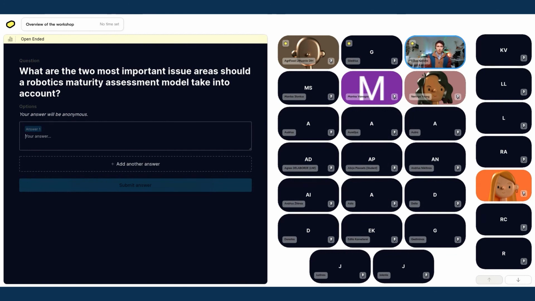The issue areas could be education or policy or socioeconomic areas. The answers by others help us quite a lot.